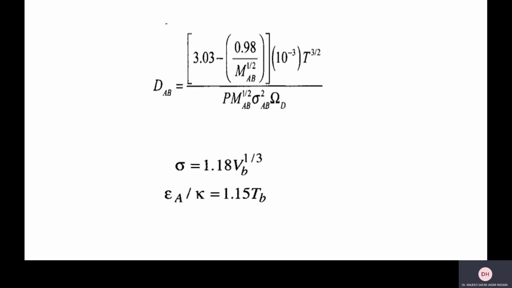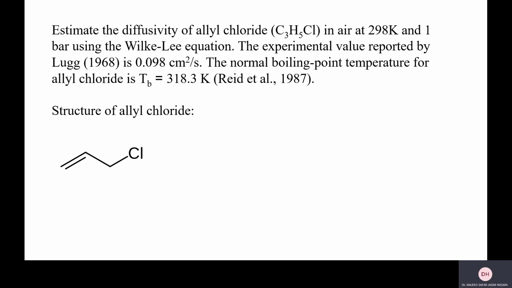For the one that we don't have, which is the allyl chloride, you have to use the third equation, which is epsilon divided by K, kappa, is equal to 1.15 multiplied by the TB. TB is given to you.